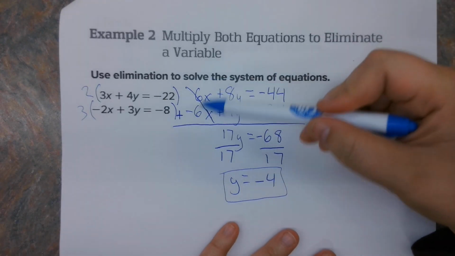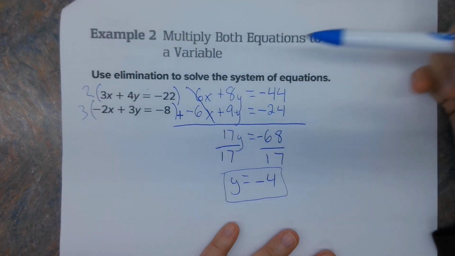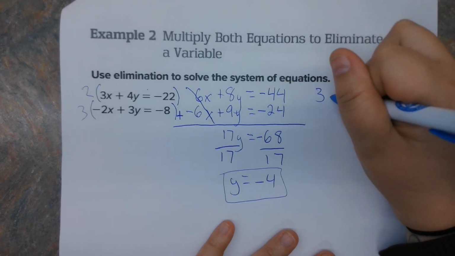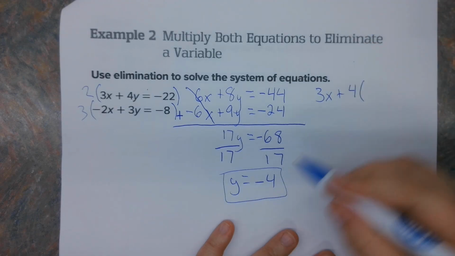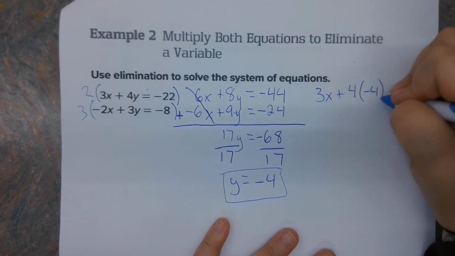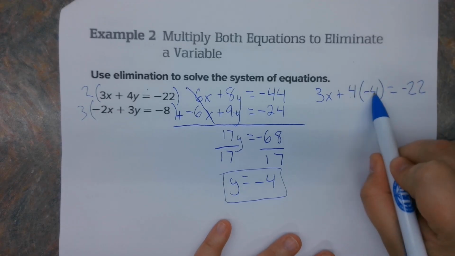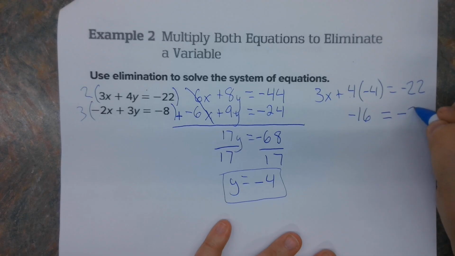And again, what if you made a mistake here? I always go back to the original equations. Plus, these are a little smaller. I'm going to go ahead and take the first one. So I have 3x plus 4 times y, which is negative 4, equals negative 22. 4 times 4 is 16, negative 16. Bring everything else down.